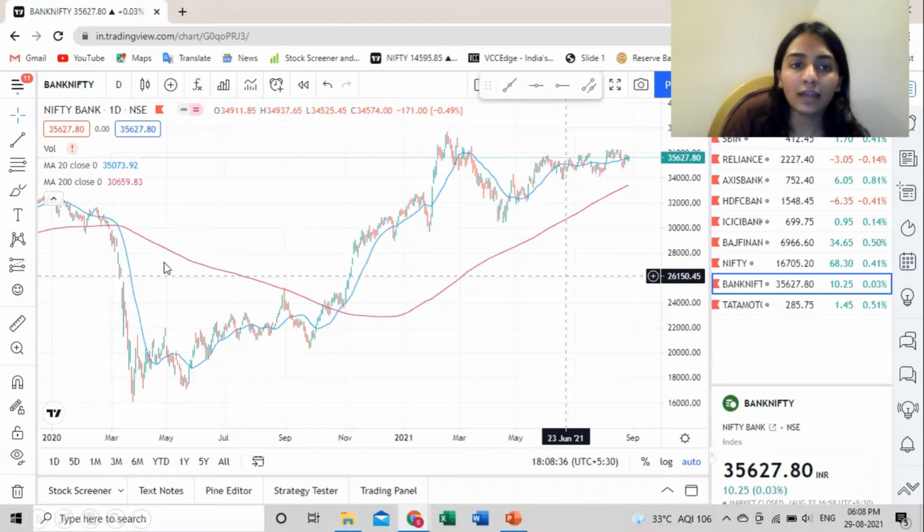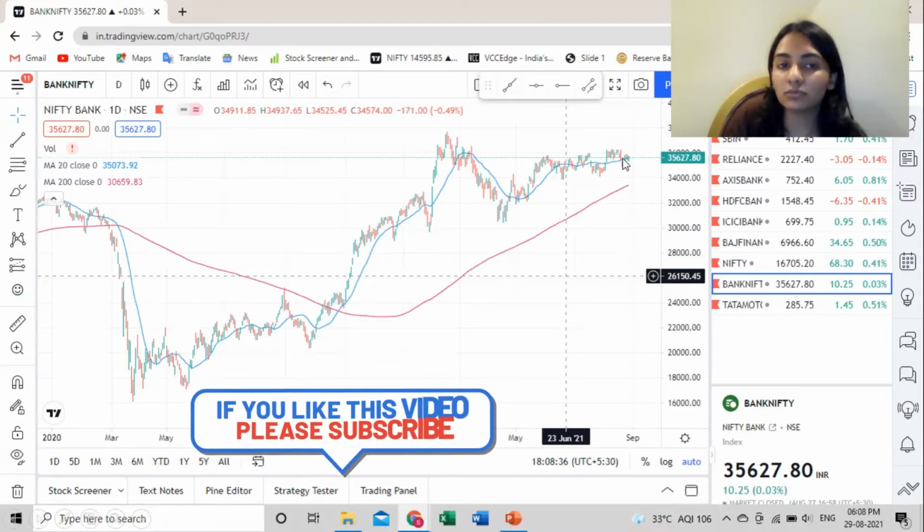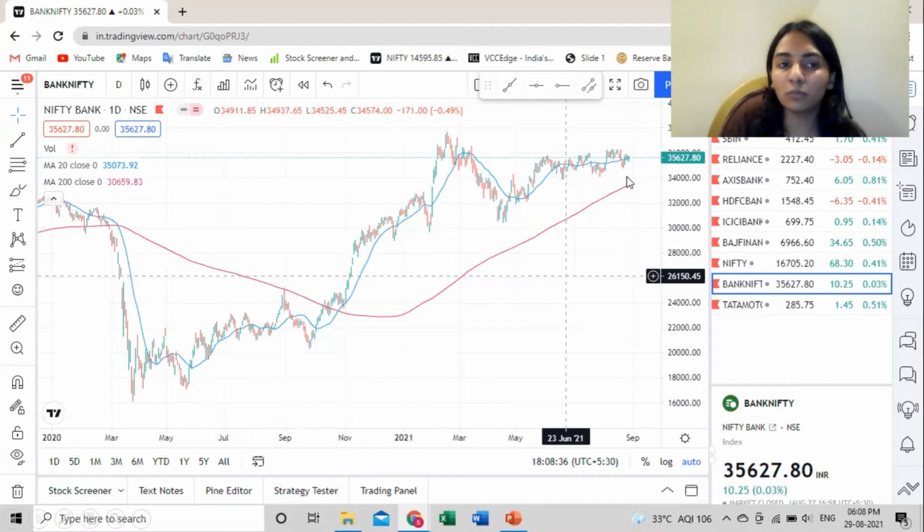And as of August 2021, the price is moving above the pink line, which is the moving average 200-day close, and the 20-day close is somewhat near the recent price. This signifies that in the medium term, the Bank Nifty is moving a little bit bullish. And in March 2020, it was bearish in the short term as well as in the medium term.